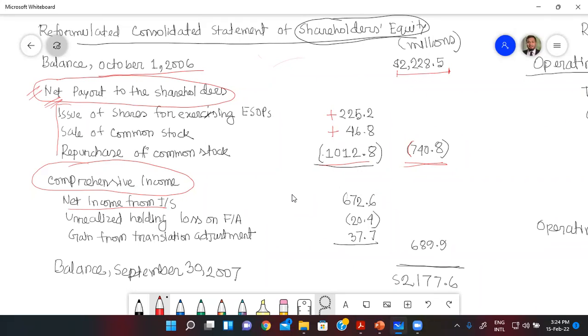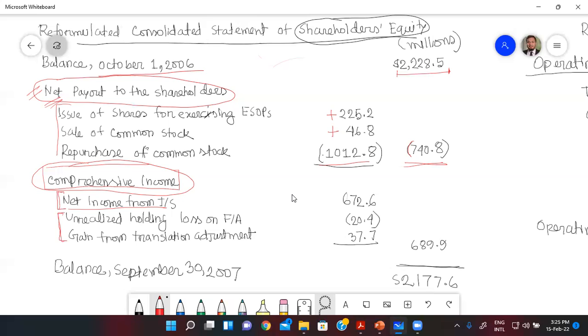If you open page number 329, in the income statement, you see the net earnings reported is 672.6 million. So that is the part of, you see, actually, when we talk about the comprehensive income, this is a clean surplus item. These are dirty surplus items, or these are other comprehensive income. In total, they are known as comprehensive income.